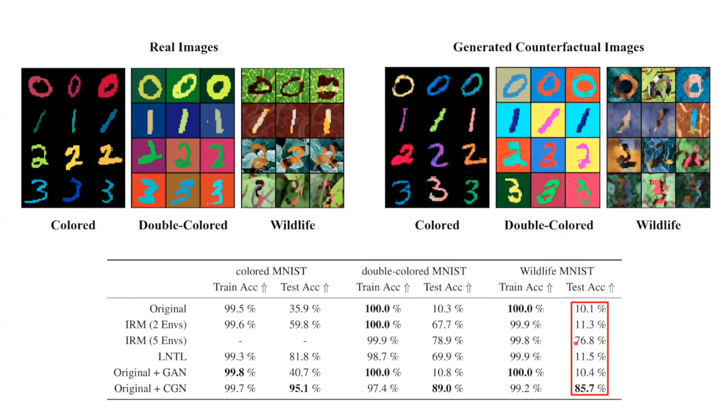If you increase the number of environments, which is fairly impossible in most settings, this still works reasonably well. Of course, the IRM assumption is much more general. You just have several environments, and you don't tell IRM which signal is supposedly the causal one.